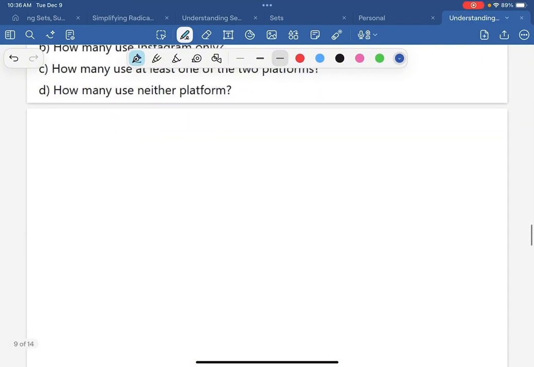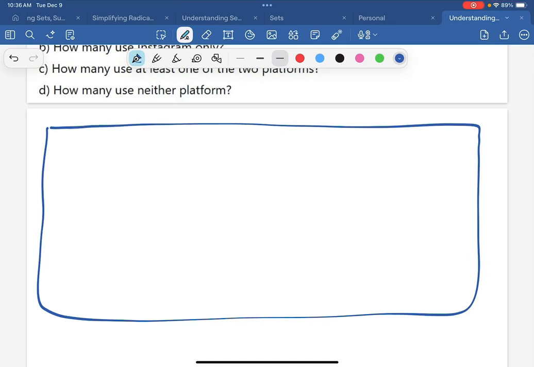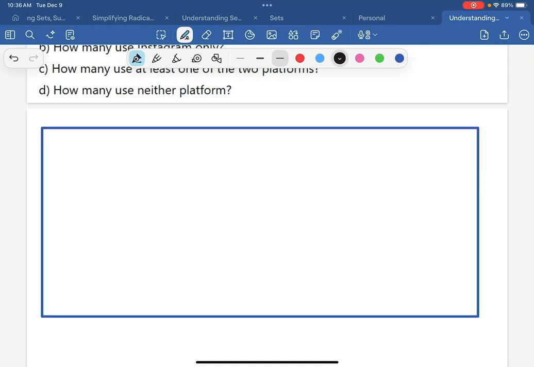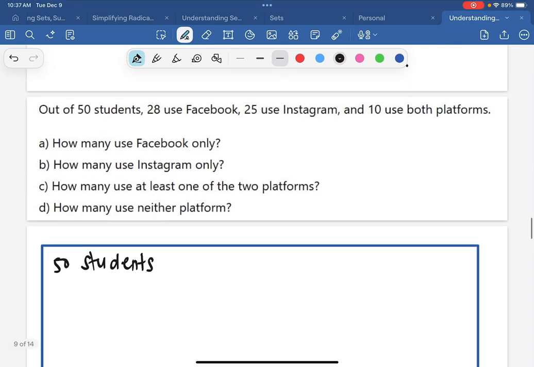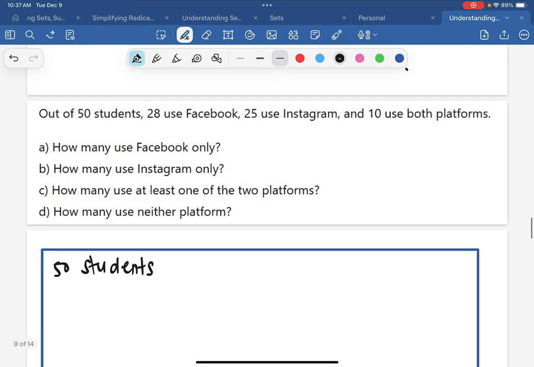Okay, so there are 50 students. So we have here 28 for Facebook and 25 for Instagram.